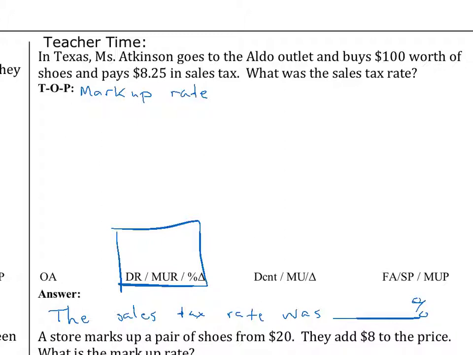All right, what information is given to us? So where does that go? 1, 2, or 3? So you're saying $8.25 is the final amount?